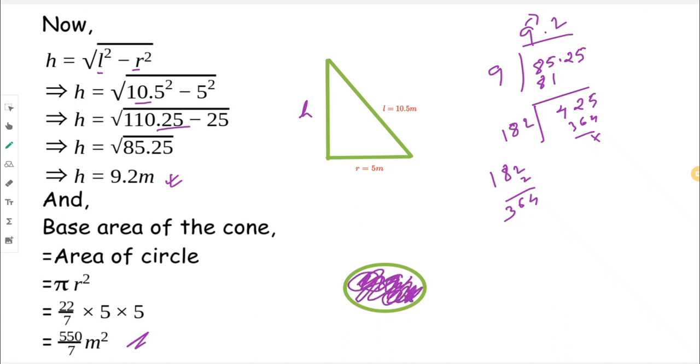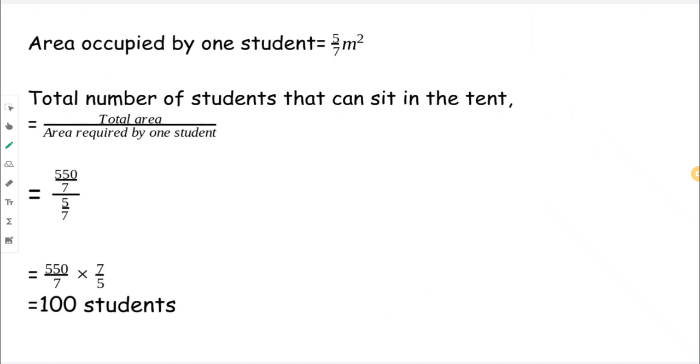Now let's see, because they said one student takes an area of 5 by 7 meters square. So let's find the total number of students that can sit: total area divided by area required by one student. Then I'm going to have 550 divided by 7, divided by 5 by 7.